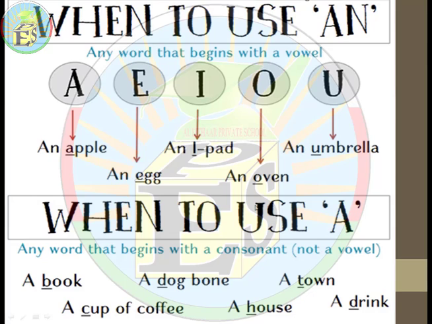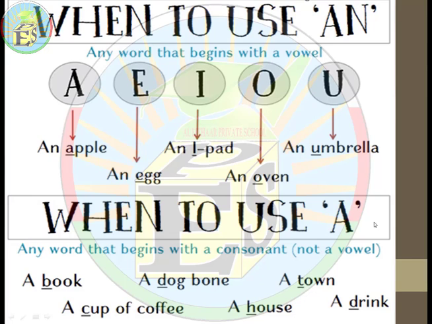And here, when to use a, the article a, you use it with any word that begins with a consonant. Consonant letters are the rest of the alphabet, okay? So you have to know that the letters A, E, I, O, U are the vowels, and the rest of the letters in the English alphabet are called consonants, alright?